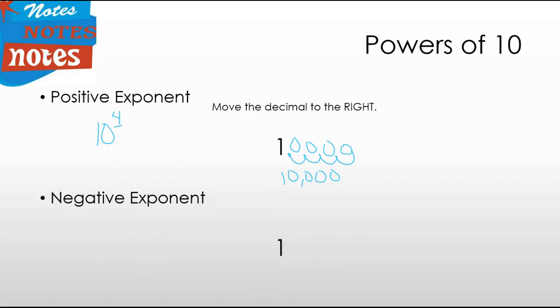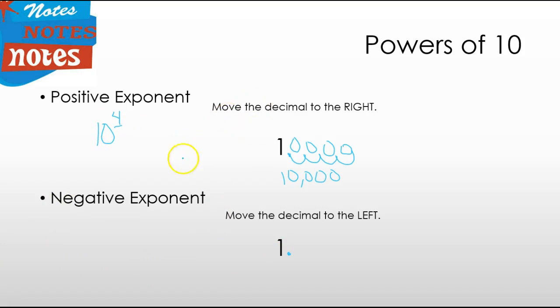If I have a negative exponent, I move the decimal to the left. And I already wrote this in my notes on the last screen, so you shouldn't need to write that part again. So I still have my decimal in the same place. If there isn't one, it's always at the end of the number.